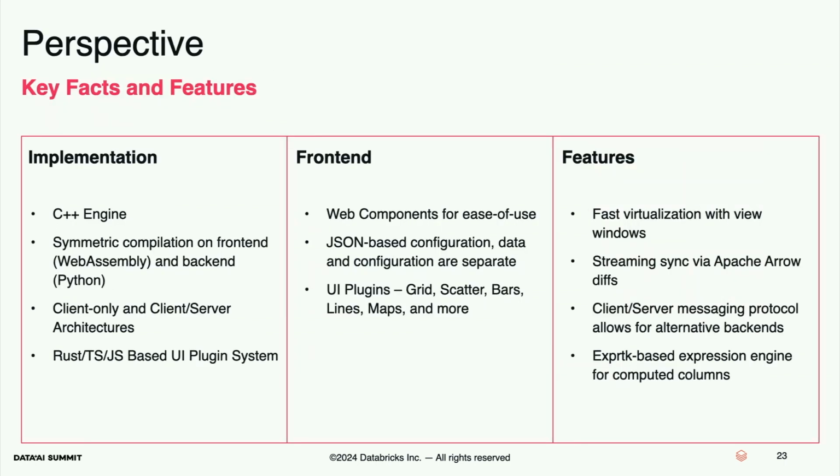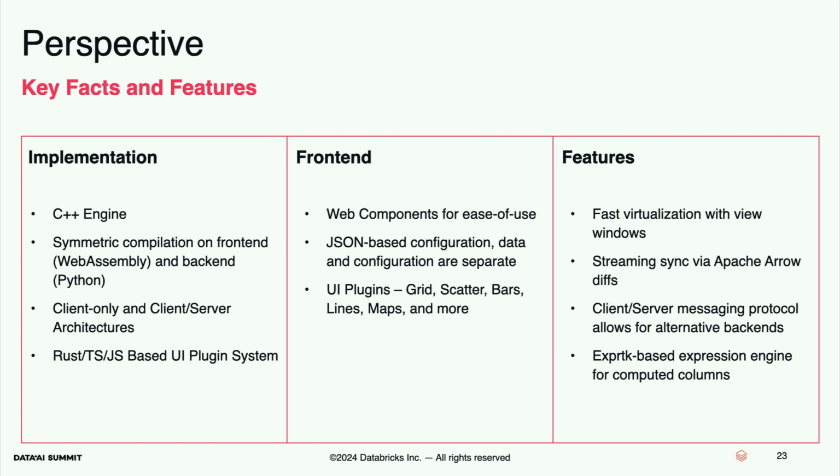Some key information about Perspective. At its core, there's a UI and a C++ data engine that we have in this library. We compile the C++ engine to multiple platforms, even WebAssembly.